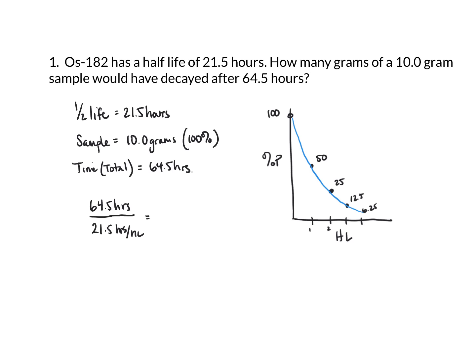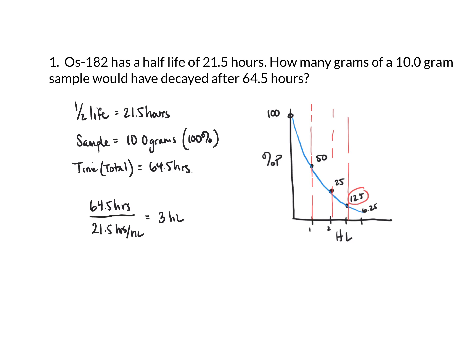So that says 64.5 divided by 21.5, and that is 3 half-lives. Okay, so as you can see over here, this is 1 half-life, this is 2 half-lives, and this is 3 half-lives. So what that tells us is that we're going to have 12.5% of the parent remaining.